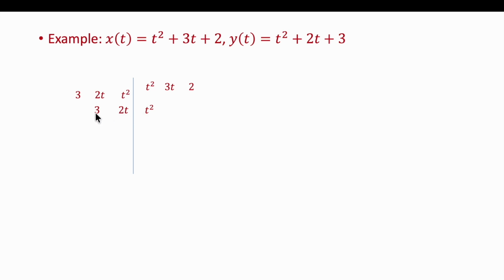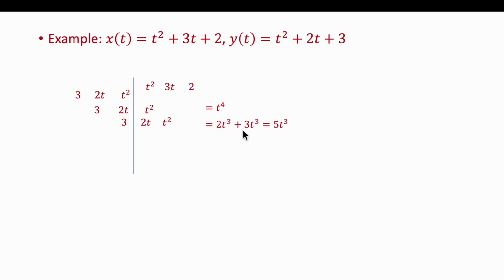The first slide is 3, 2t and then t square, and if you multiply this t square with this t square, the answer is t to the 4. Next slide is 3, 2t and t square, and you again multiply this t square with this 2t, that is 2t cube, and then this t square with 3t, so that is 3t cube.